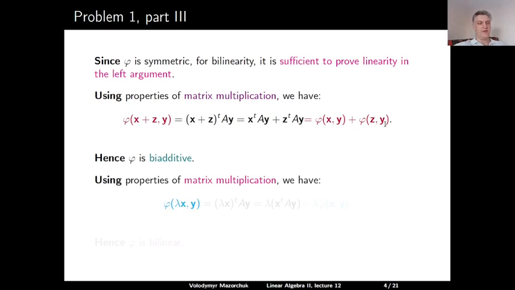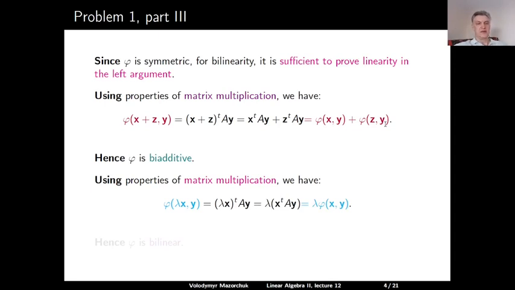Similarly, if we evaluate phi at the pair lambda x and y, then this is equal to (lambda x) transposed times A y. (Lambda x) transposed is equal to x transposed times lambda transposed, but lambda is a scalar, so lambda transposed is lambda, and scalars can be moved everywhere in matrix multiplication, so this is equal to lambda times x transposed A y, which is exactly lambda times phi of x, y.